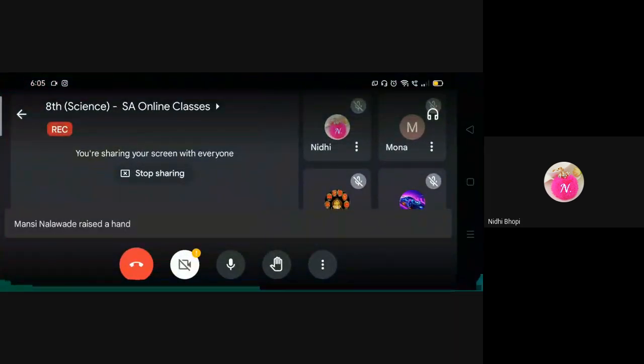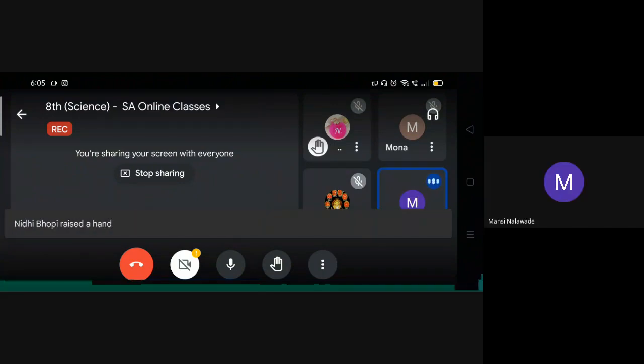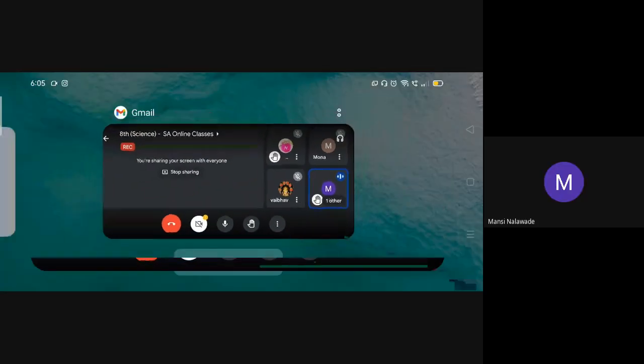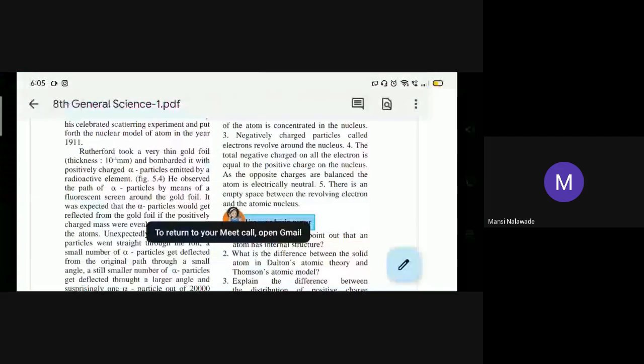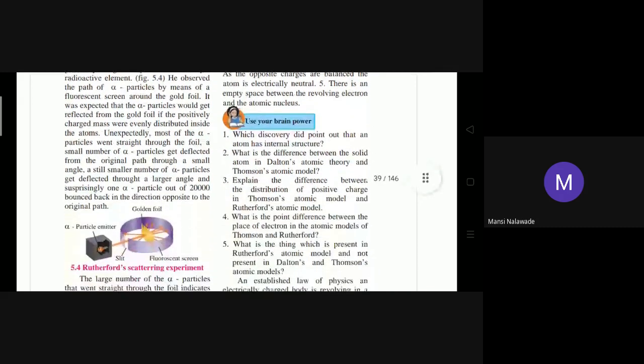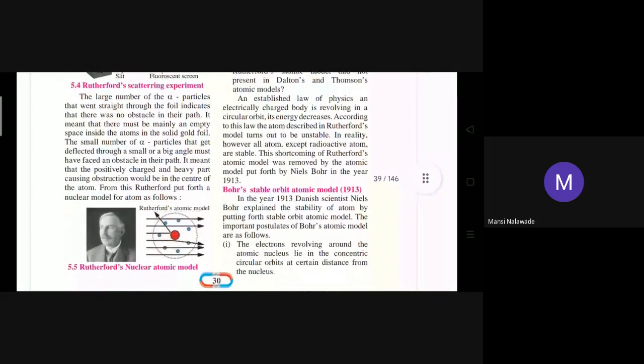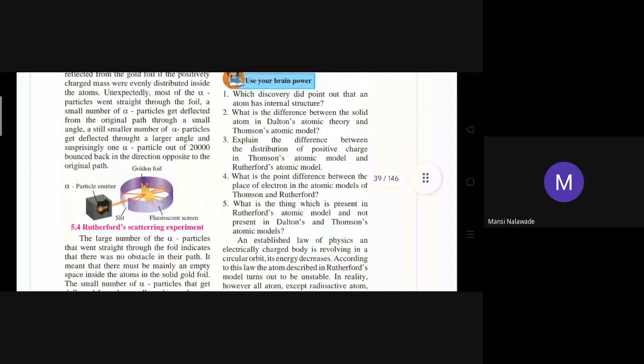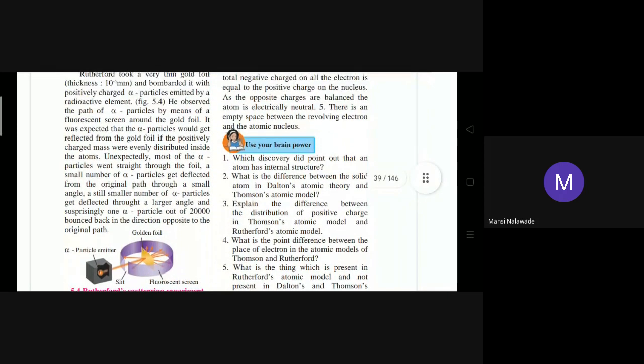Yes, Mansi. An atom has a tiny, dense, positively charged nucleus at the center of an atom. Most of the mass of the atom is concentrated in the nucleus. Negatively charged particles called electrons revolve around the nucleus.